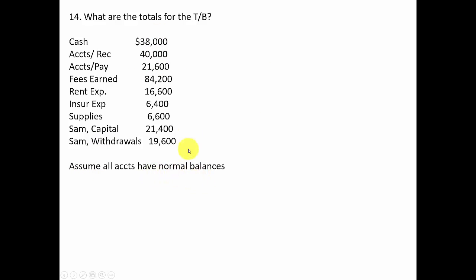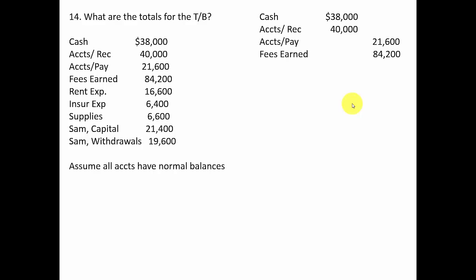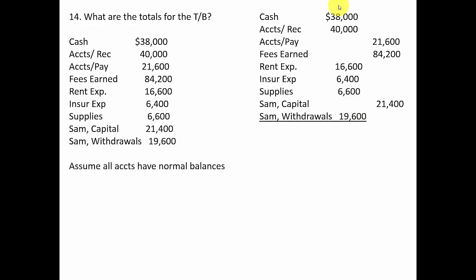Cash is a debit, accounts receivable is a debit, accounts payable is a credit, fees earned is a credit, rent expense is a debit, insurance expense is a debit, supplies are a debit, capital is a credit, and withdrawals are a debit. The debit side should equal the credit side, and both sides equal 127.2, and that's the end of that one.